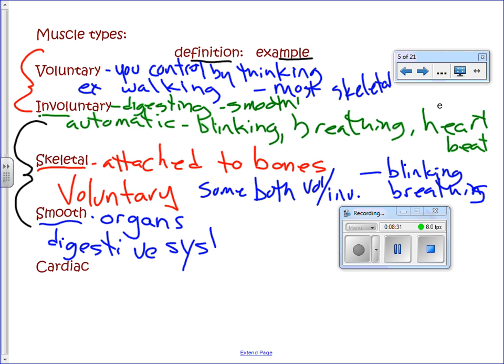Once you swallow your food, chewing and swallowing is obviously voluntary. Once you swallow it, there's muscles in your esophagus, there's muscles in your stomach that mix it, there's muscles in your intestine that squeeze things out, there's muscles in your small intestine and large intestine that keep everything moving all the way down, all the way to the end where you need a voluntary muscle so things don't move out until you want them to.